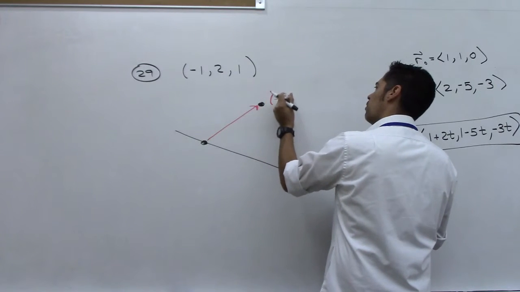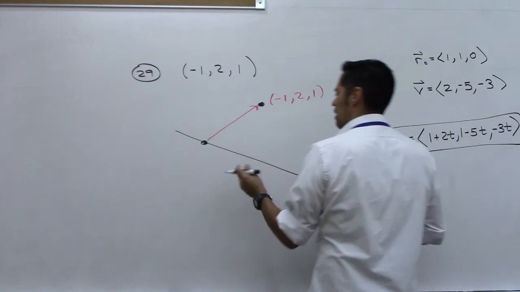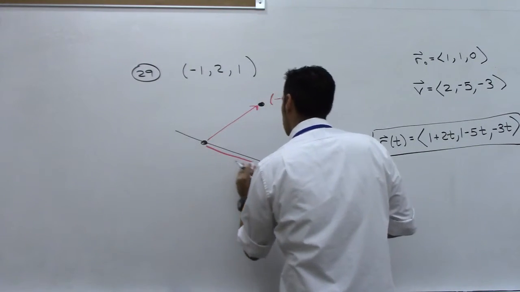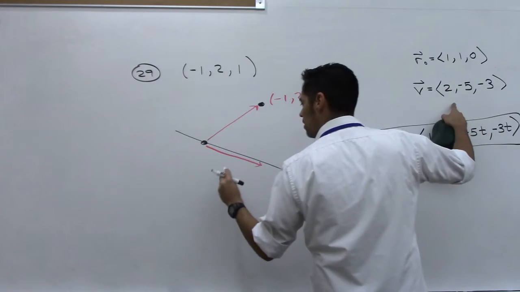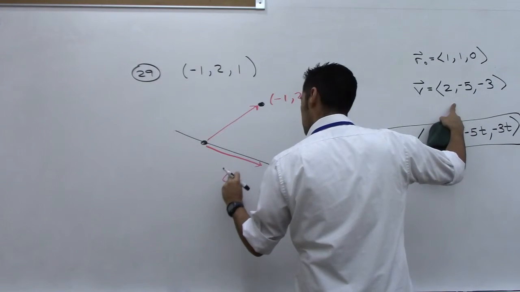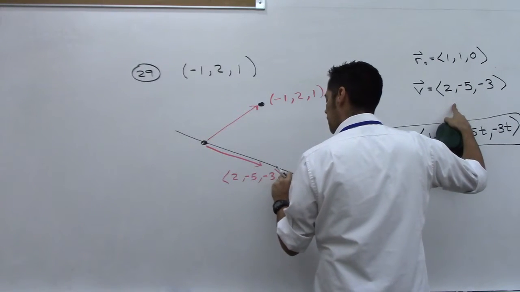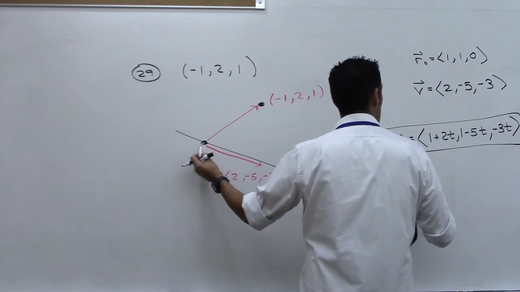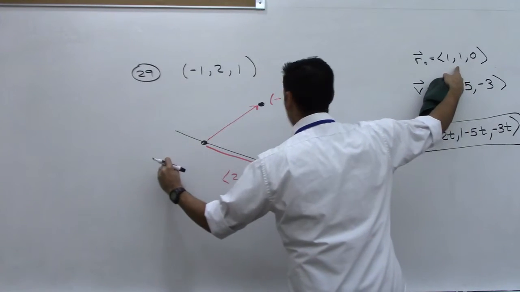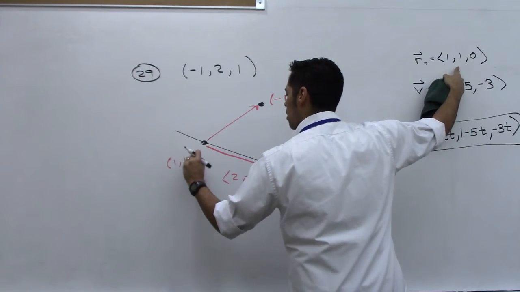This is the point negative 1, 2, 1. We find the direction vector of this line, which we actually have. It's the vector 2, negative 5, negative 3. We need a point on this line. We can get the point from right here. This is the point 1, 1, 0.